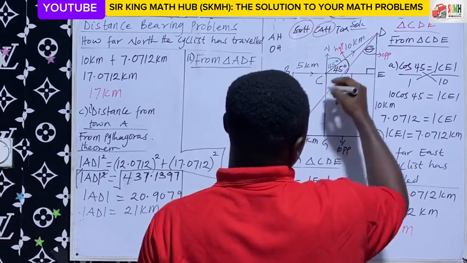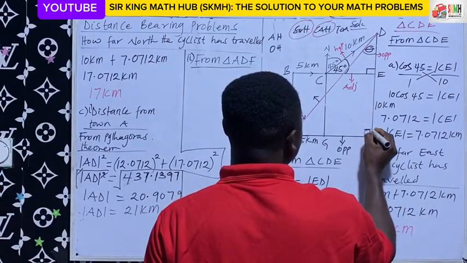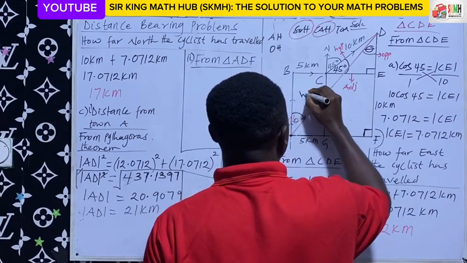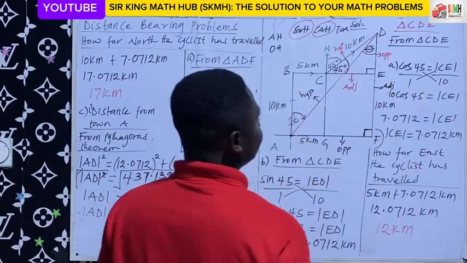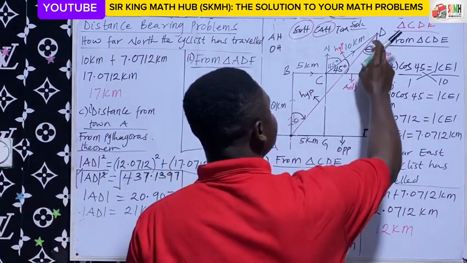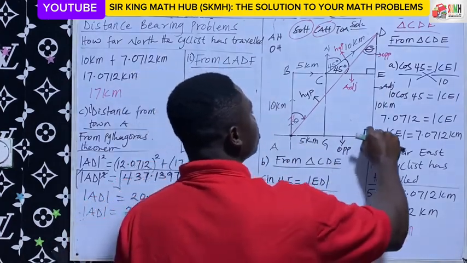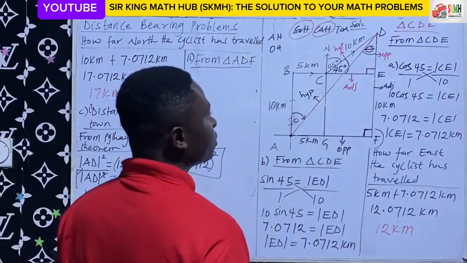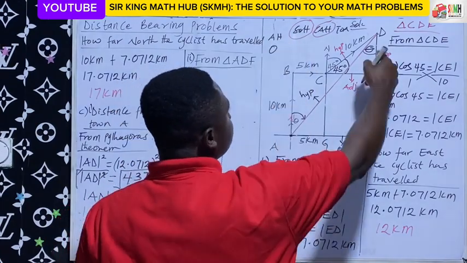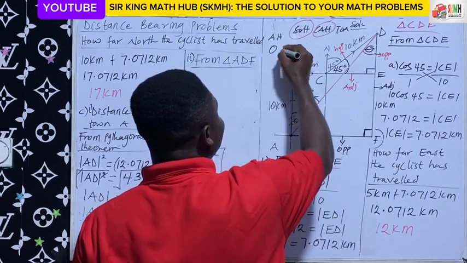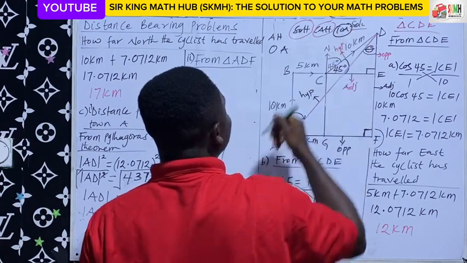This side here is the hypotenuse, the longest side, because it's the side facing the 90 degrees angle. So this side here becomes our adjacent. To calculate this theta, we know how far east you have traveled and how far north you have traveled, so we use the opposite and the adjacent. And from SOHCAHTOA, it's only TOA which has opposite and adjacent.